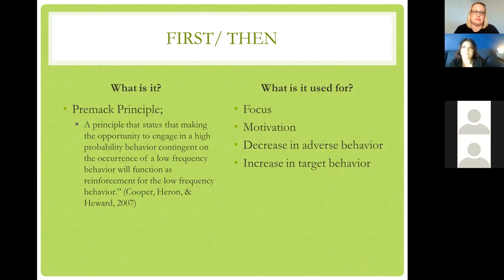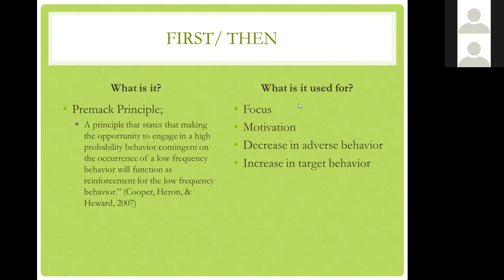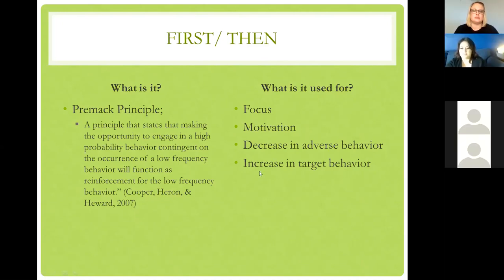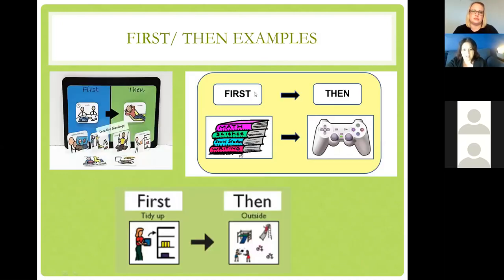And pretty much what that's saying is that the more preferred activity that's being offered is going to work as reinforcement for them to engage in the non-preferred activity. So first-then statements or first-then visuals are used for focus, motivation, decrease in adverse behavior, and increase in target behavior. And these are really simple.